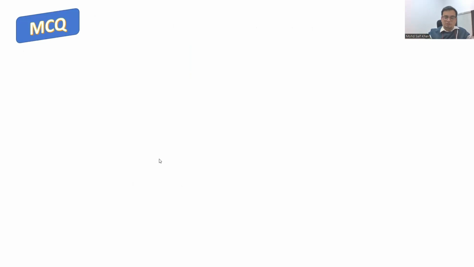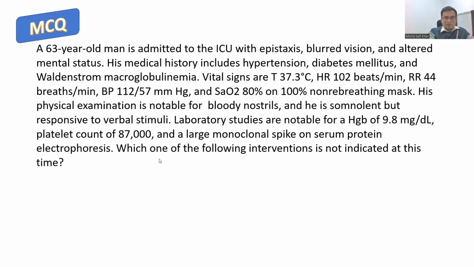So here is another MCQ. A 63-year-old man is admitted to the ICU with epistaxis, blurred vision, and altered mental status. His medical history includes hypertension, diabetes mellitus, and Waldenstrom macroglobulinemia. Vital signs are temperature 37.3 degrees Celsius, heart rate of 102, RR of 44, BP of 112 over 57, SO2 80% on 100% non-rebreathing mask, quite low saturation, and tachypneic.